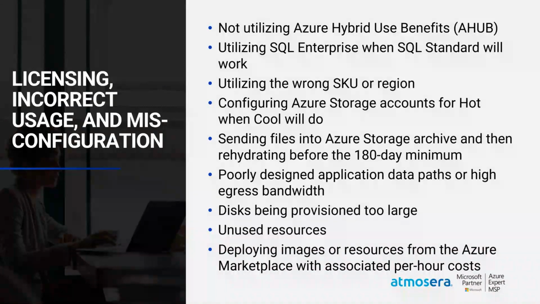Generally, we're going to see an operating system deployed on a 128 gig disk, and then a data disk anywhere between 128 gigs and 4 terabytes. Well, if I use a 4 terabyte disk and I'm only using 1 terabyte worth of data, I'm paying for a lot of space reserved that I don't need.